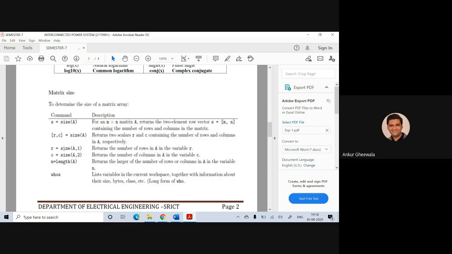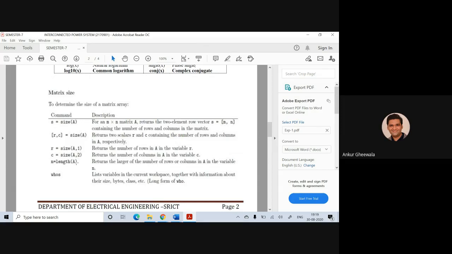Then R equal to size of A comma 1, suppose you have defined A, it will give you the rows. R stands for row, and 1 means first. And C equal to size of A comma 2 means from matrix A I can also find the number of columns. So Scilab will give you the number of columns.